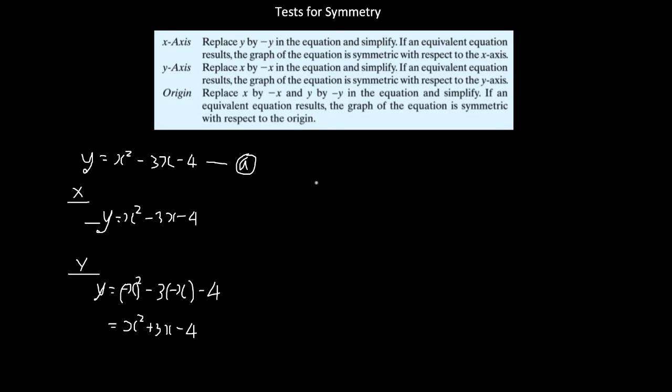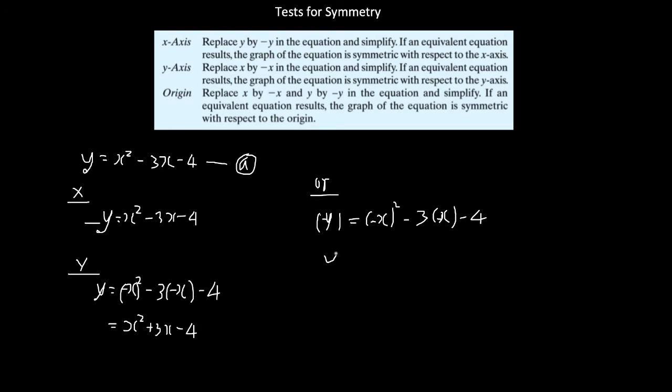The last one, origin. Replace x by negative x and y by negative y. So negative y equals negative x to the power 2 minus 3 times negative x minus 4.